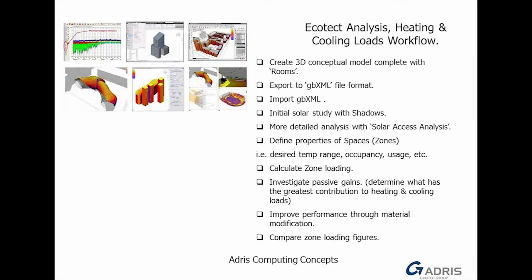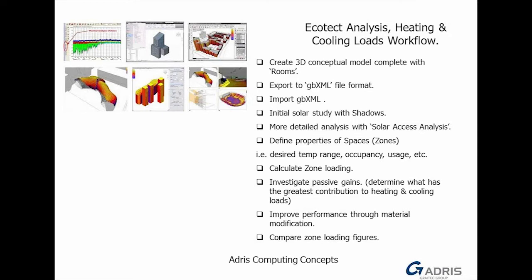Well, as we previously said, we would create a conceptual model, complete in this case with rooms, because this will be space-based analysis. We would export that to a GBXML format, import that GBXML file into Ecotect.